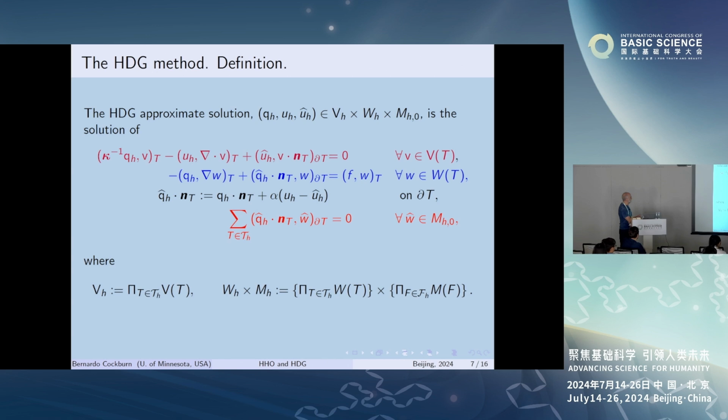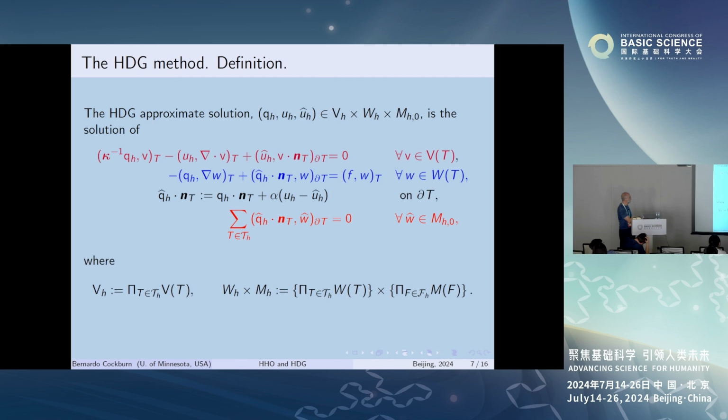You can see that all these three equations are completely local to the element T. So if I am sitting on a face, I'll have two values of Q hat, one from the left of the face and one from the right. For physical purposes, we want them to be the same.